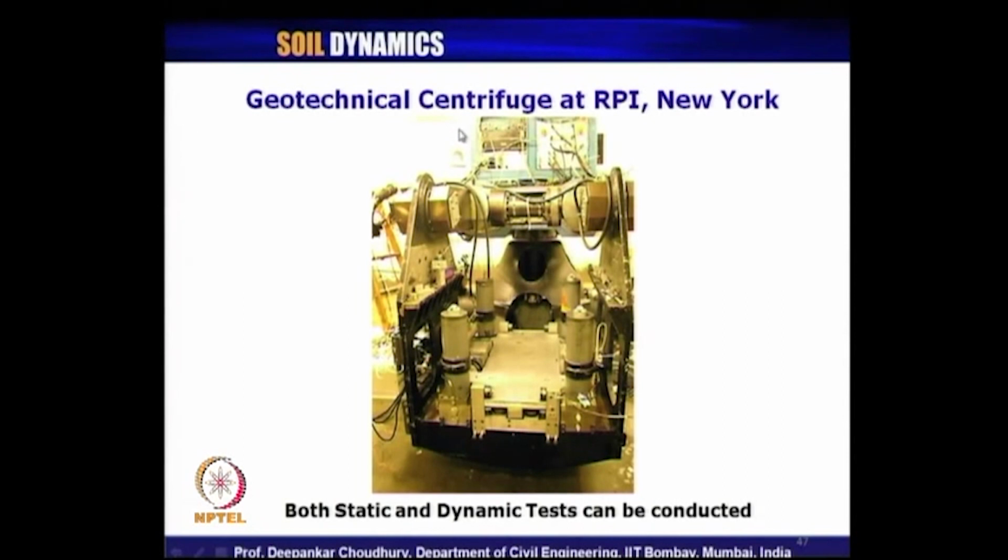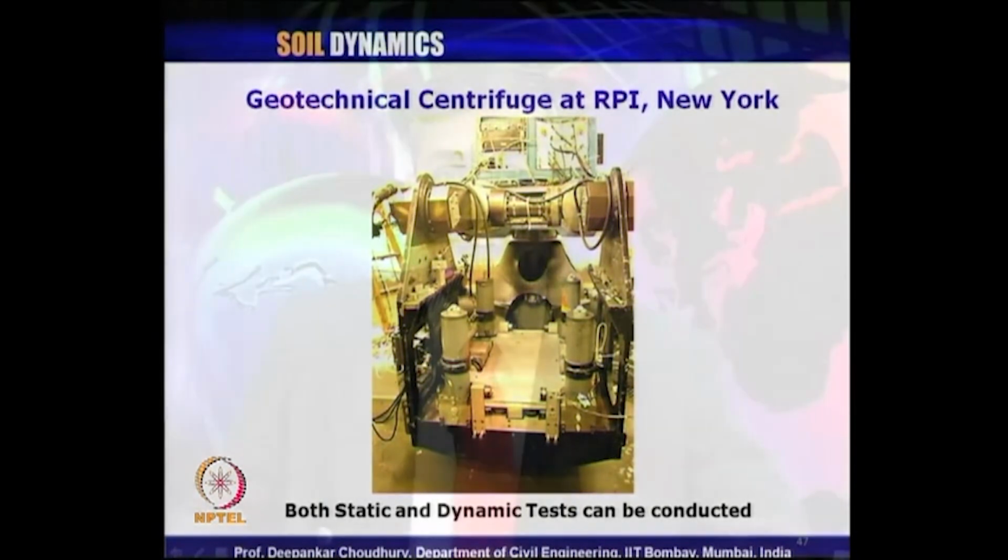So, in the US they have two major equipments which can do this dynamic centrifuge test. Those are in eastern US, Rensselaer Polytechnic Institute, New York, and in western USA, University of California at Davis, UC Davis, and these two are their national facilities like ours.